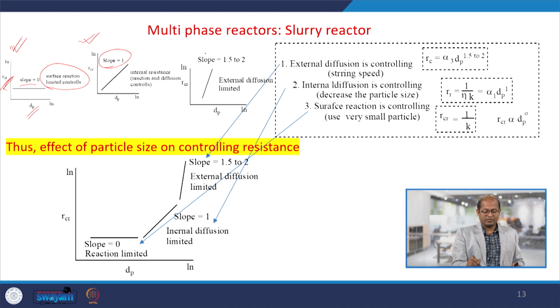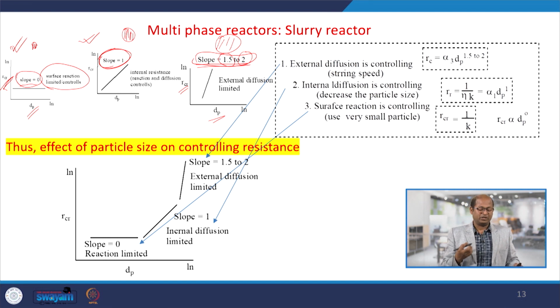And when the particles are large, the resistance Rcr, that is the diffusional resistance, which may be external or internal, and the reaction resistance, and particle diameter are related like this. So, for large particles the slope is 1.5 to 2: if it is stagnant fluid then 2, if it is flowing liquid then 1.5. And for very small particles the total resistance is independent of the particle size.